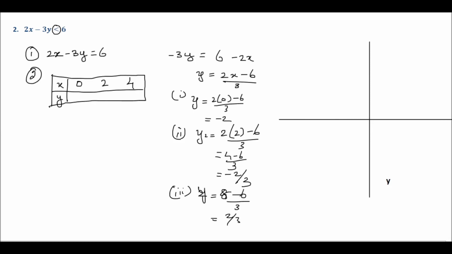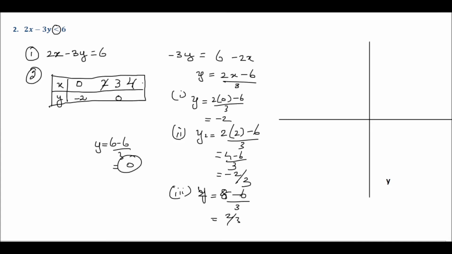Here we can also plot 3. No, just check with 3. y is equal to 6 minus 6, which becomes 0. For 0 it comes out to be minus 2, and next I can cancel this out because it comes in decimal values.